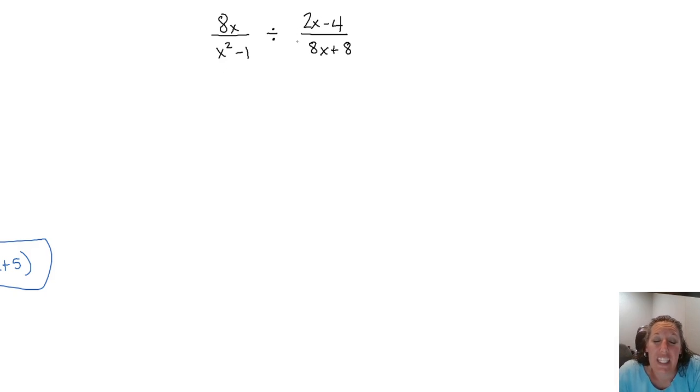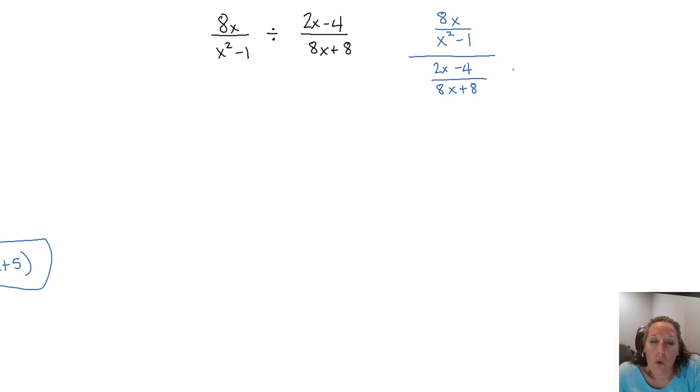Another way of showing this exact same problem would be to take that first fraction and put it in the numerator divided by the second fraction in the denominator. So you'll see it in either form, either using that division symbol like we originally had on the paper, or in the complex fraction form where we have those fractions within the fractions.